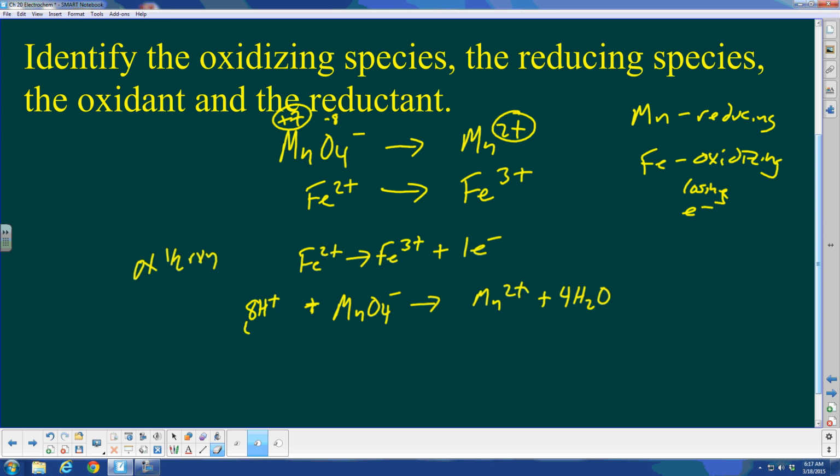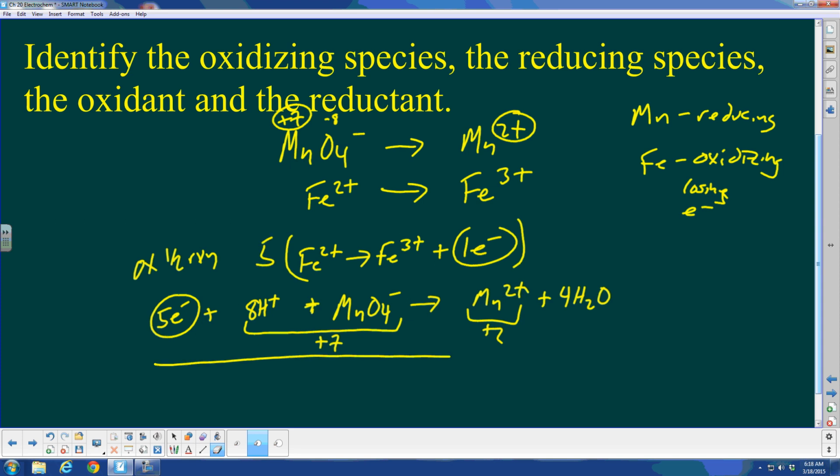This is a plus 8 and a minus 1, so that's a plus 7. Over here I have a plus 2, so I need to add 5 electrons. So I have 5 electrons here, and I have 1 electron here, so I have to multiply this by 5. That's my least common multiple, and now I'm going to add these two together.